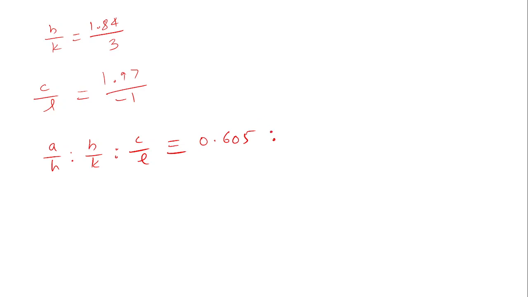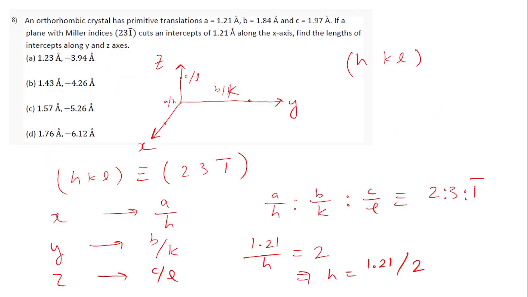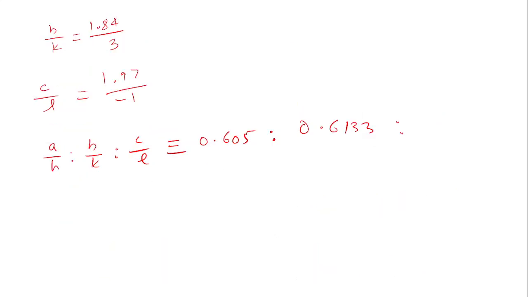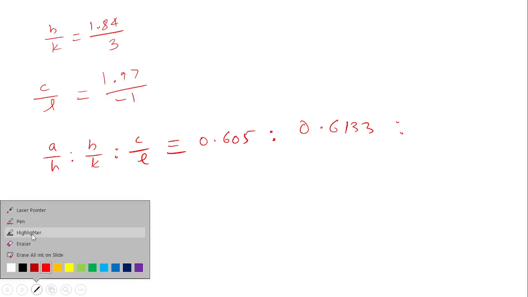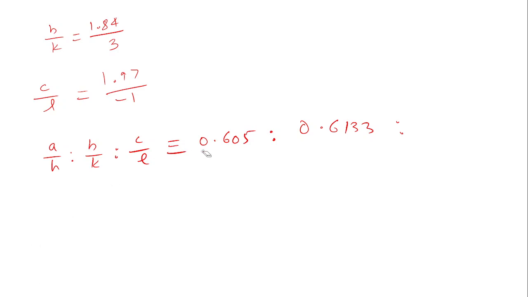B by K is 1.84 divided by 3, that is 0.6133. Actually, we should not write it like this, I'm sorry, because we need to find out the intercept. Just a minute.